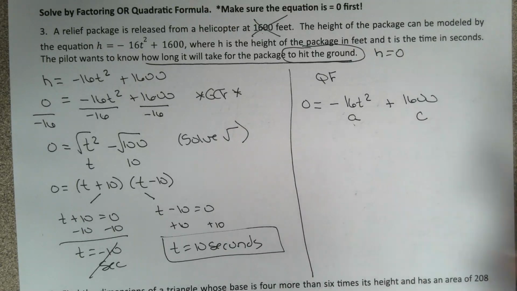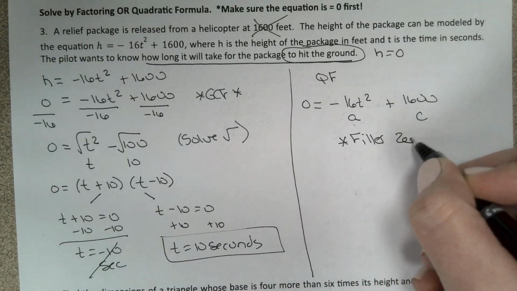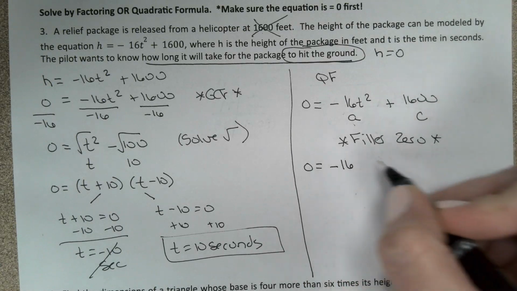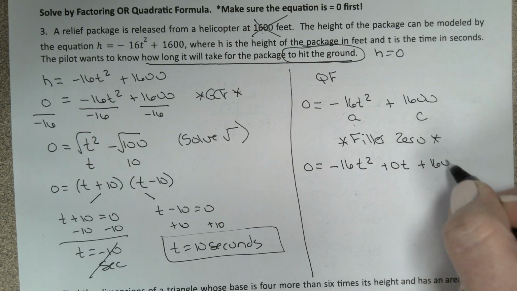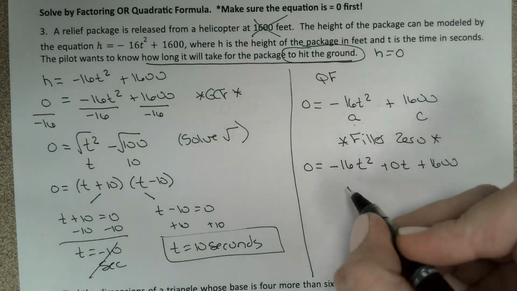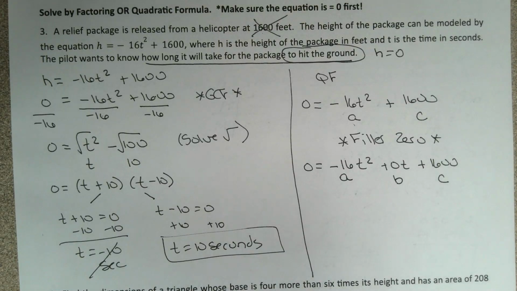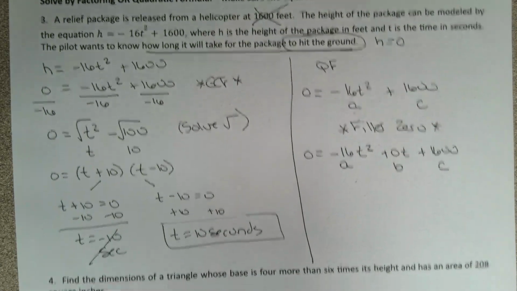If you have a middle term that's missing, you could add what we call a filler 0. So you could rewrite this as negative 16t squared plus 0t plus 1600 if you would like. There's your A term, there's your B term, and there's your C term. And now you could run the quadratic formula on it, and you should get 10 seconds, just like we did when we solved it by square roots.